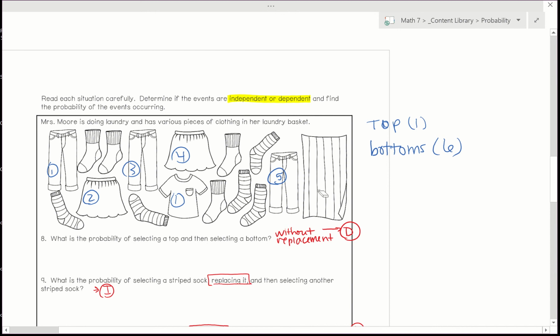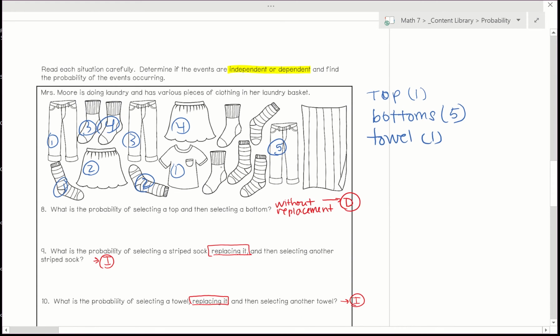Let me erase this. So for bottoms, there are 5 bottoms. There's 1 towel. And there are 1, 2, 3, 4, 5, 6, 7, 8, 9 socks.